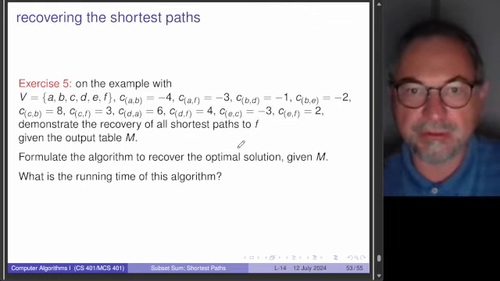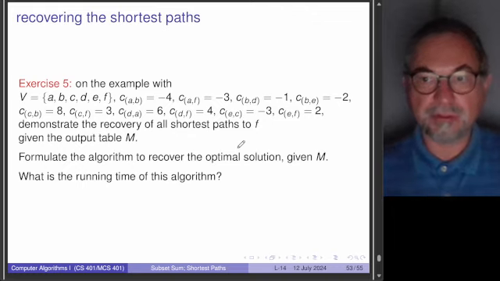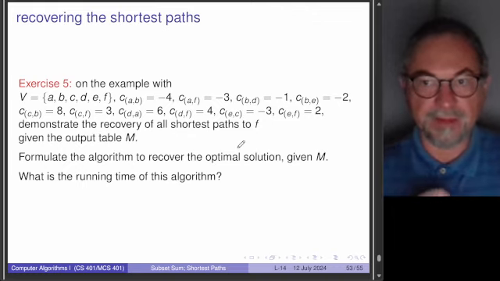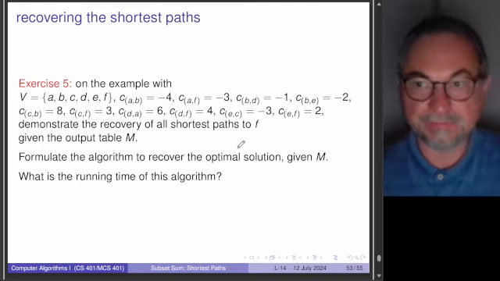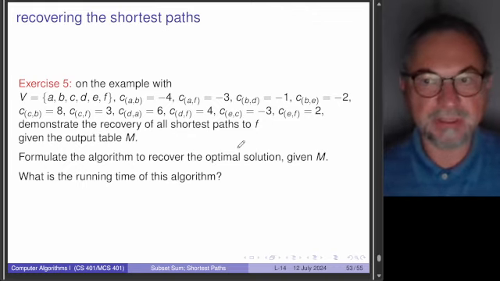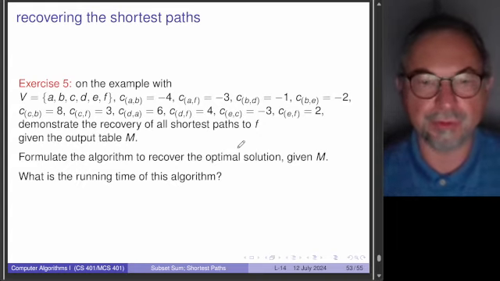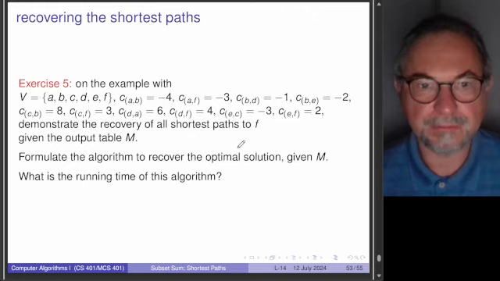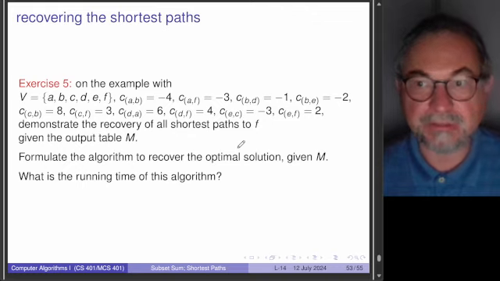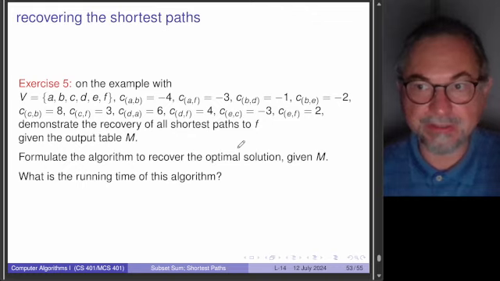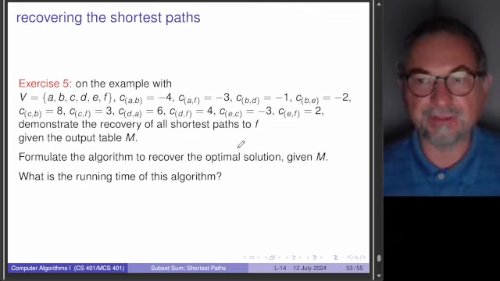So the algorithm returns only one value for one particular start vertex. But with the table, we actually computed a lot more. So in some sense, if you're interested in only using a start vertex, then essentially you would only need to compute one column.